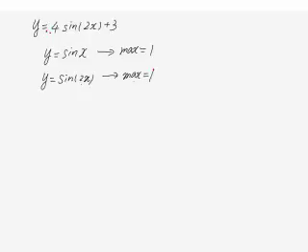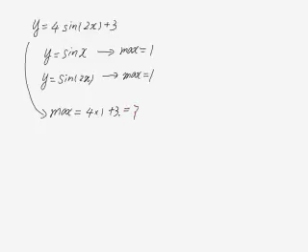Therefore, the maximum for this given function should be equal to 4 times 1 and then plus 3, which is equal to 7. Okay, so this is how we find the maximum of this trigonometric function.